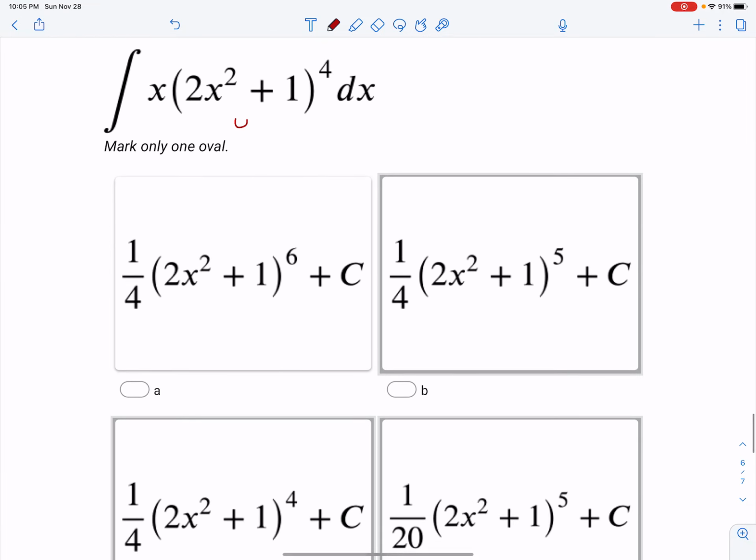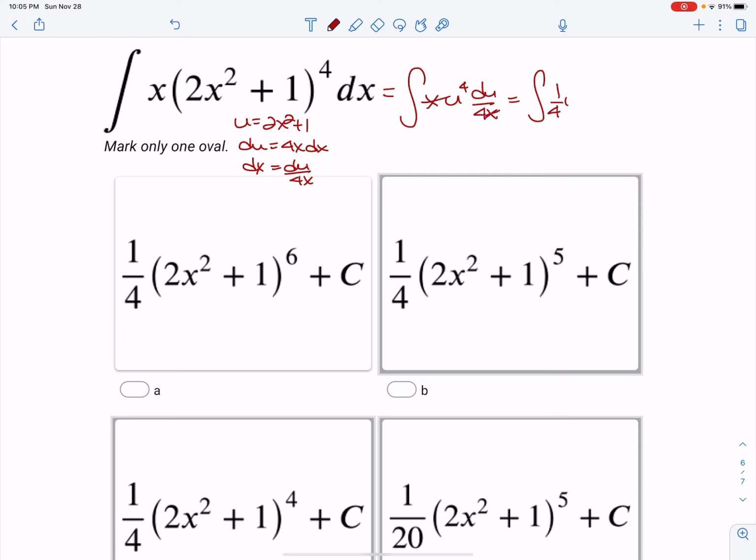3. So then u is equal to 2x squared plus 1. So du is equal to 4x dx. So dx is du over 4x. So this is x, u to the 4th, du over 4x. The x's cancel out. So I'm left with a 1/4 u to the 4th du. So then I have a 1/4, and then I have a u to the 5th.